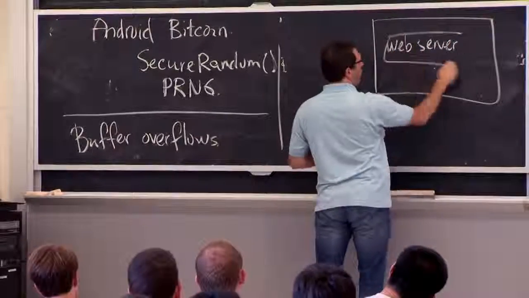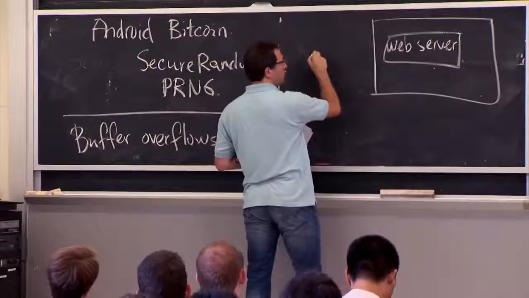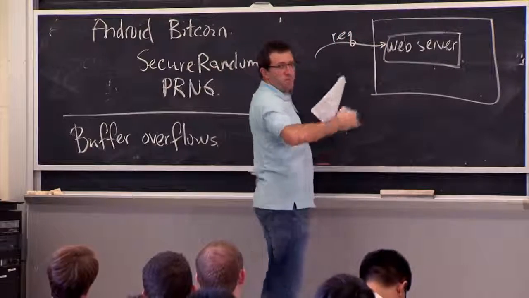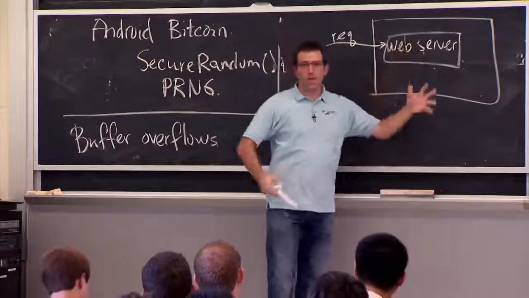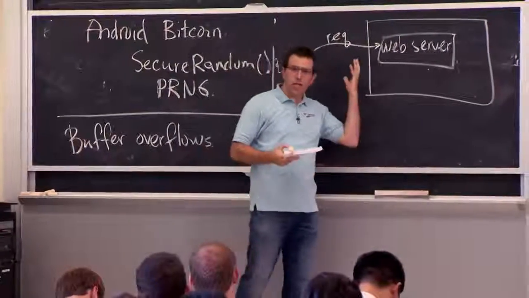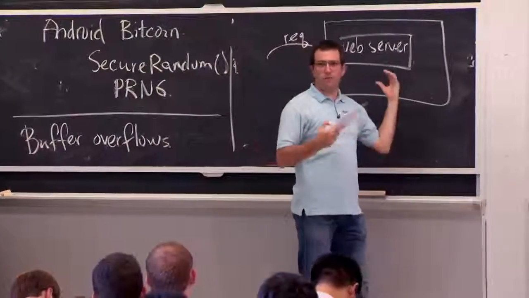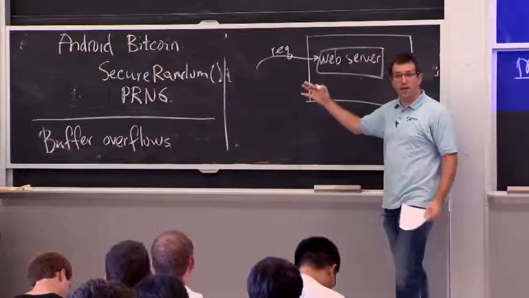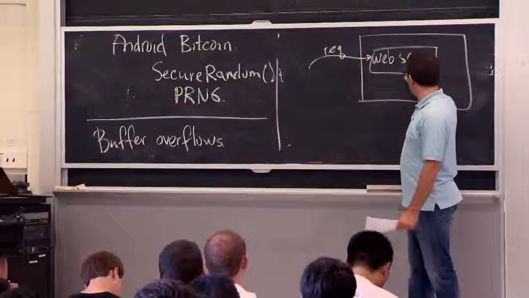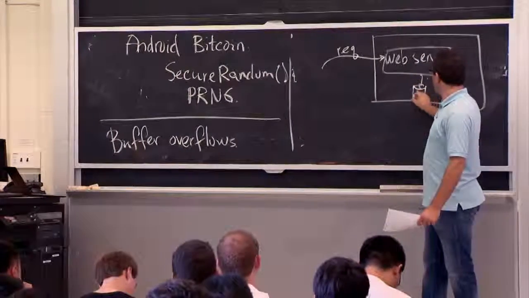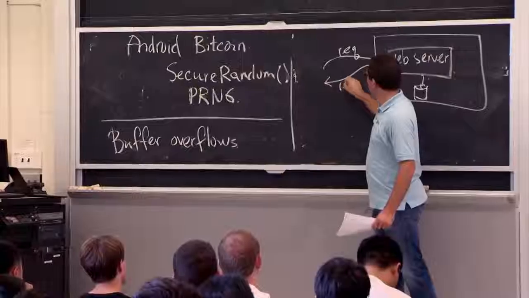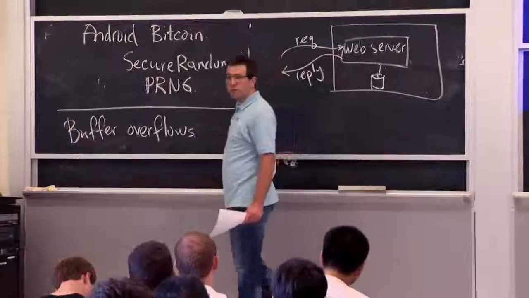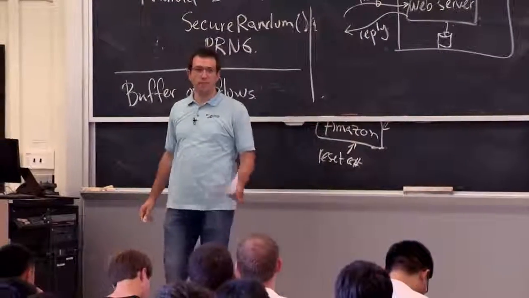And the web server is a program that is going to accept connections from the outside world, take requests, which are basically just packets, and somehow process them and do some checking, probably if it's an illegal URL, or if they're trying to access a file they're not authorized to access, the web server is going to return an error. But otherwise, it's going to access some files, maybe on disk, and send them back out in some sort of a reply. So this is a hugely common picture, almost any system you look at.